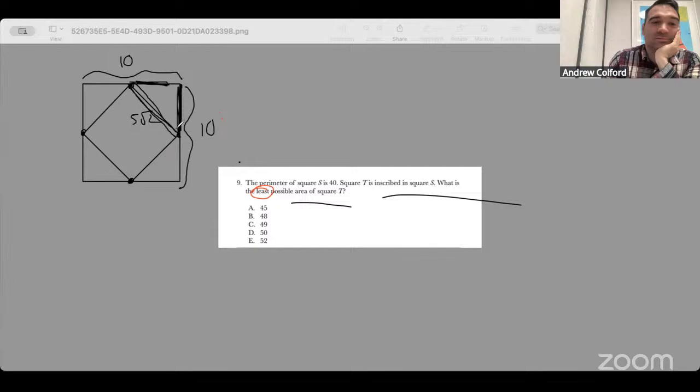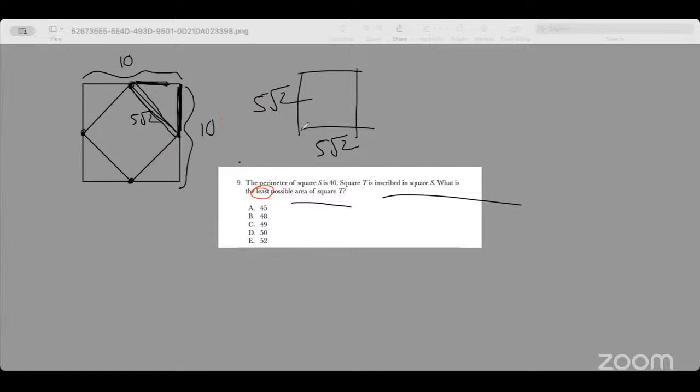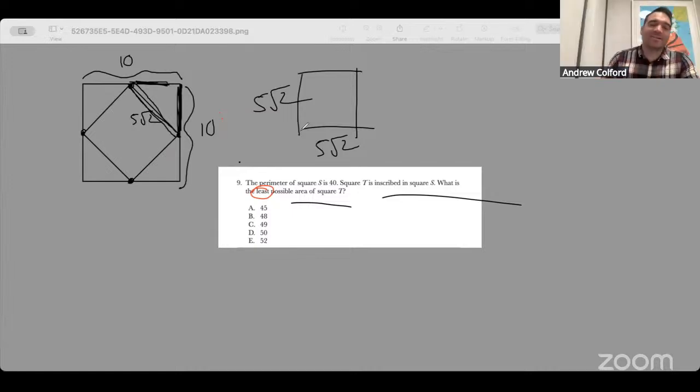And if a square has side of 5 root 2 and 5 root 2, then what's the area? 50. Right. So at the very least, I have found a square that's 50. And try as I might, I can't get smaller than that, because if I rotate it in either direction, it's just going to get bigger again.